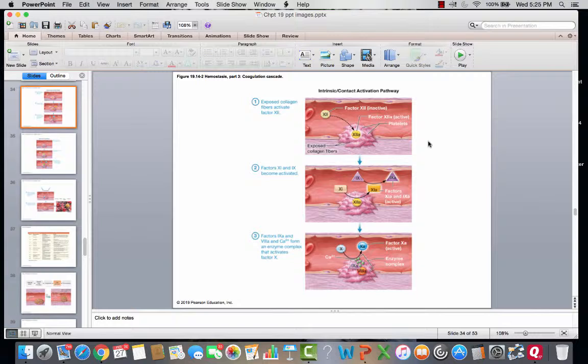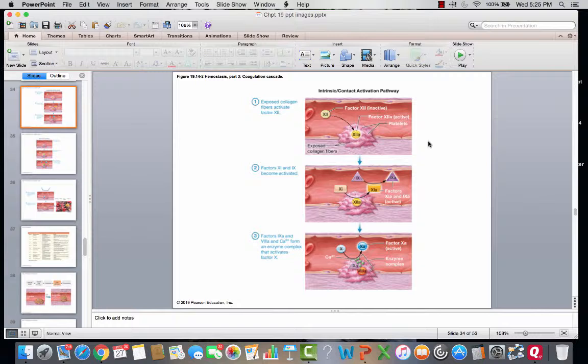So clot inhibition and anticoagulants that we might use are going to affect one of these different factors, or several of these different factors, in a cascade in any given order. I think your book talks about some anticoagulants.